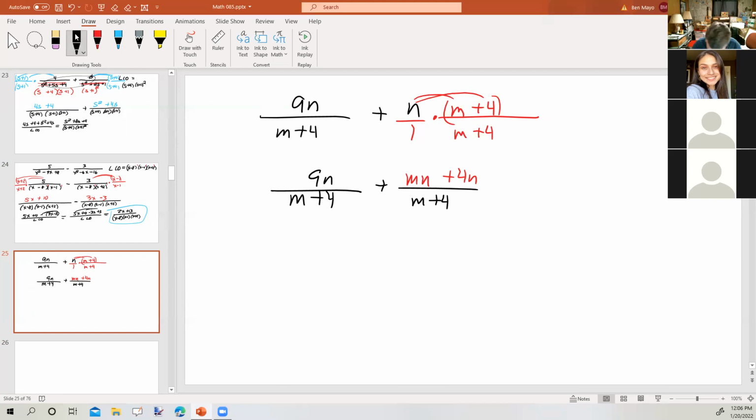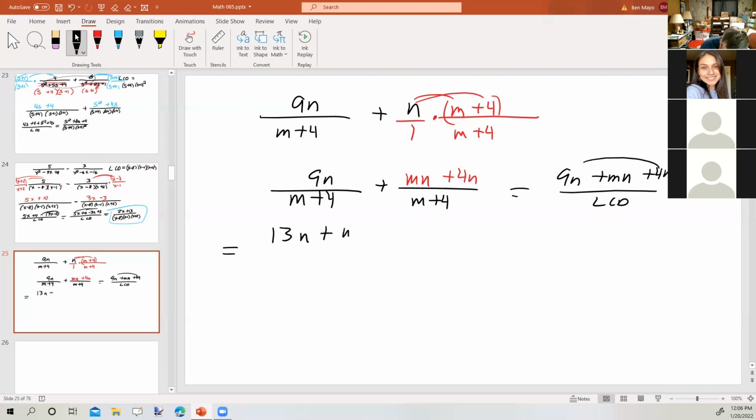All right. So now what have I got? I've got 9n plus mn plus 4n over the LCD. Combining like terms, I've got 13n plus mn over the LCD. I can factor out an n and get n times 13 plus m over m plus 4, but that doesn't get me anywhere.